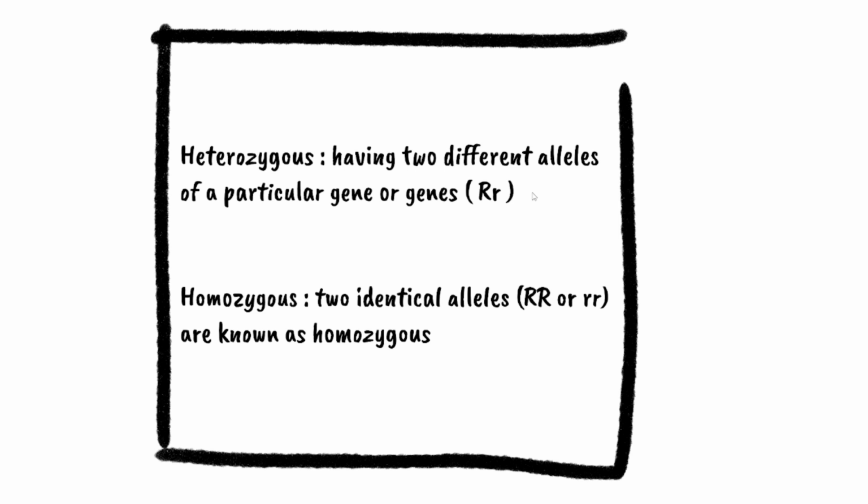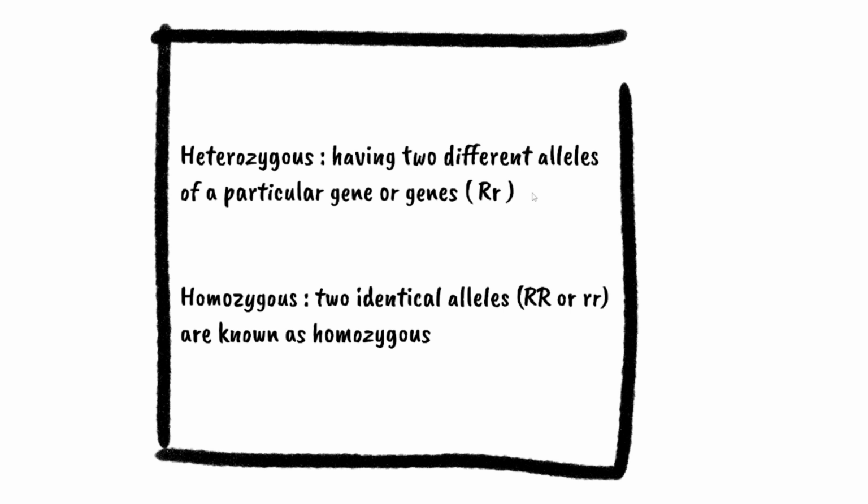And in a homozygous, homo means the same. So a homozygous has two identical alleles. For example, it can be capital R, capital R, or small r, small r. But in heterozygous it is different, so it's going to be capital R, small r. We always write the capital one first, then the small one. So what is the difference?